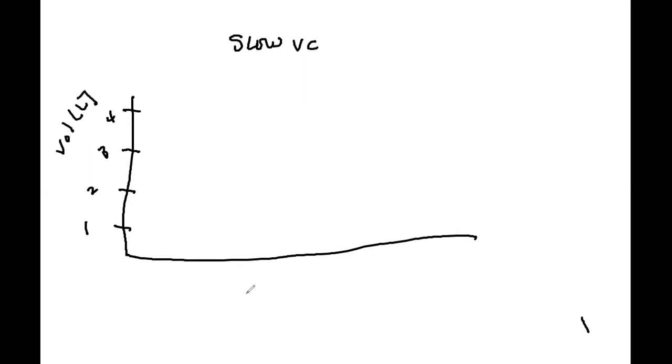And then this would be time, in seconds. So what you see is when you're doing a slow vital capacity, you're figuring out the vital capacity or the maximum ventilation for a person, but you're doing it slowly.